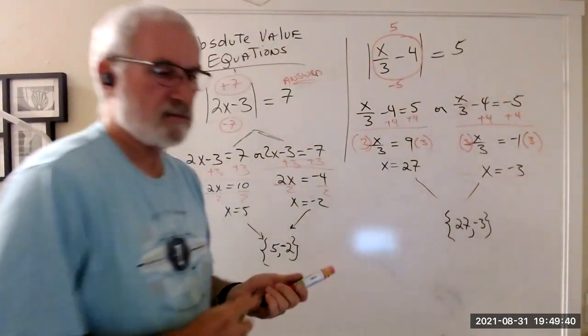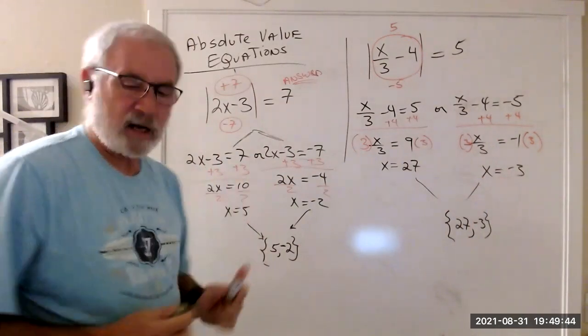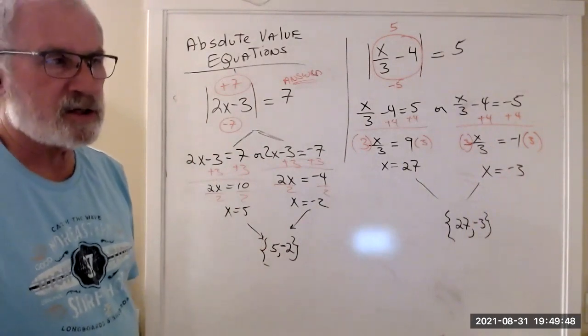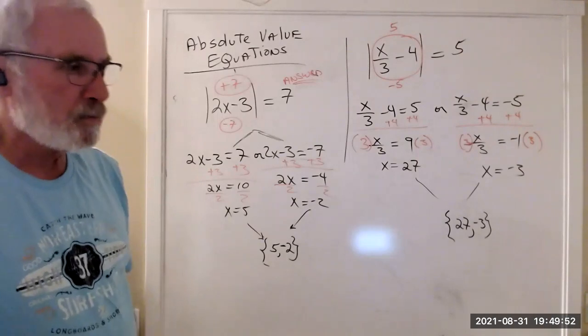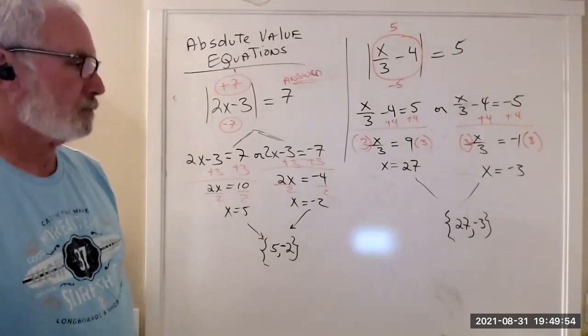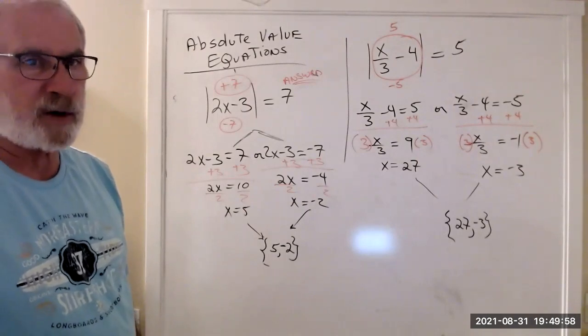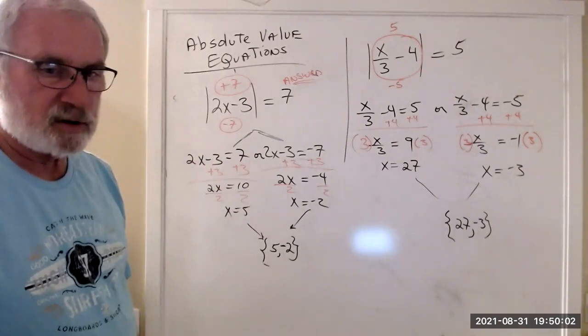And that's it. It does get a little bit trickier than this, but these are the basics right now. So before I get tricky on you, are we okay with either of these problems?